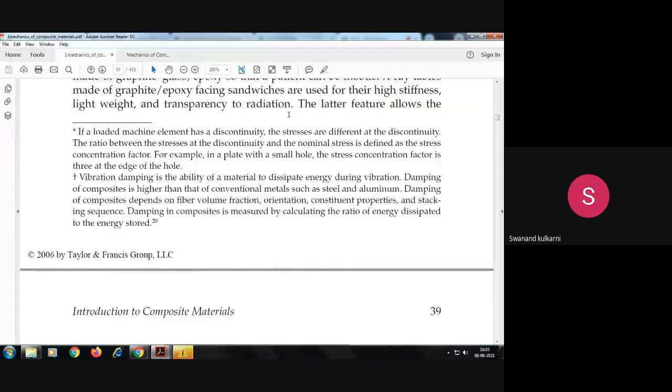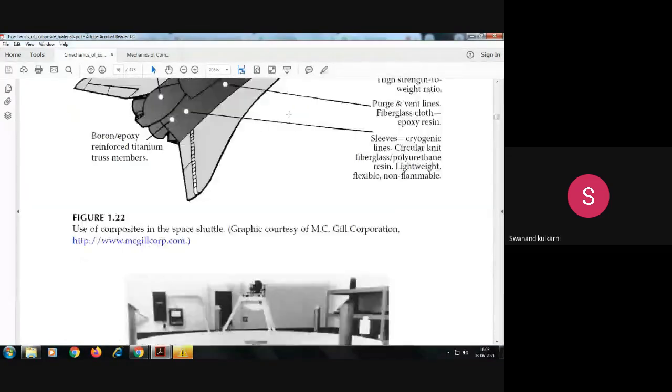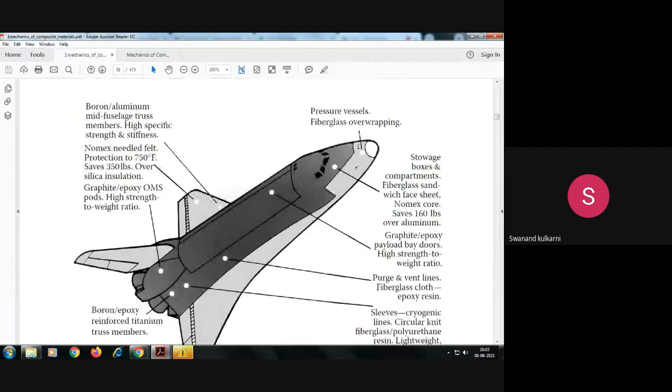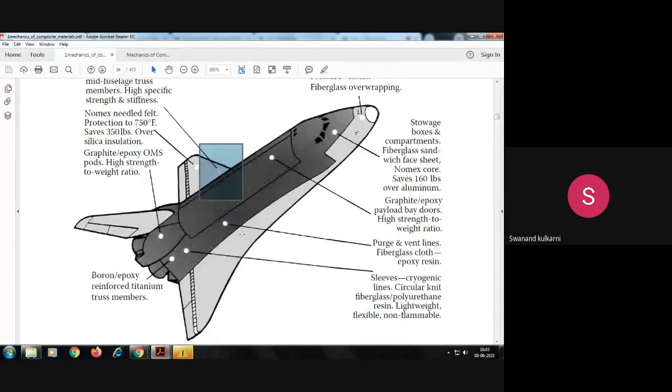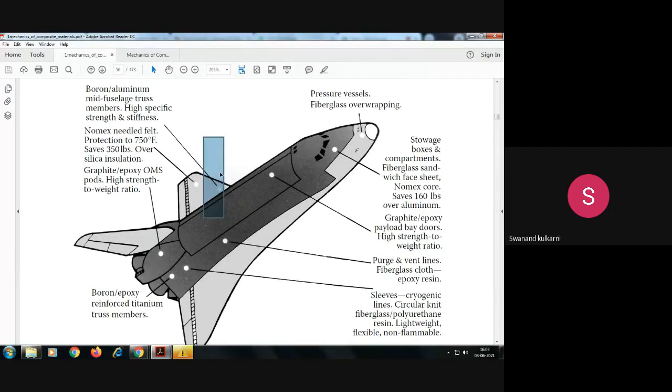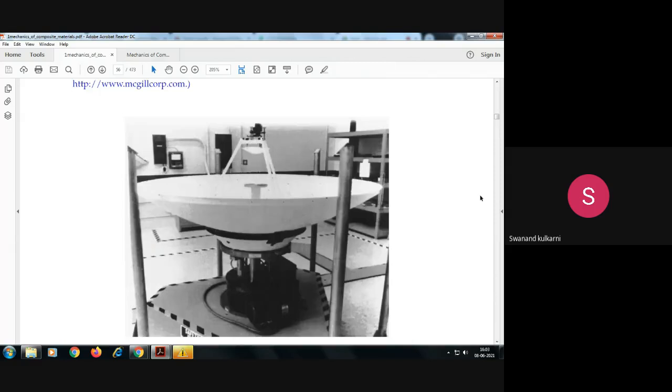In that figure you have seen what the fuselage is, because here you can see this is the portion. So at this portion here you can observe this particular portion. So here it is shown that the boron aluminum mid fuselage truss member is present here. Is it okay?